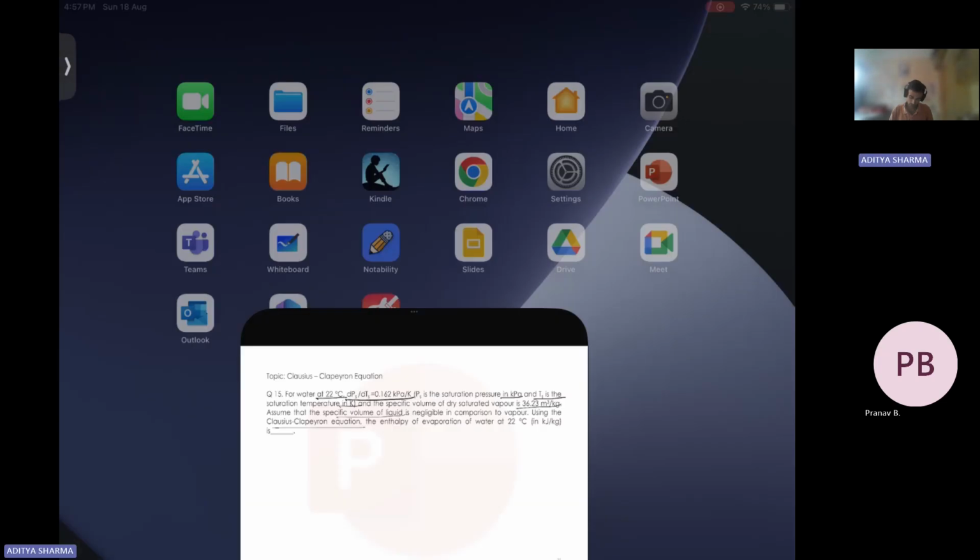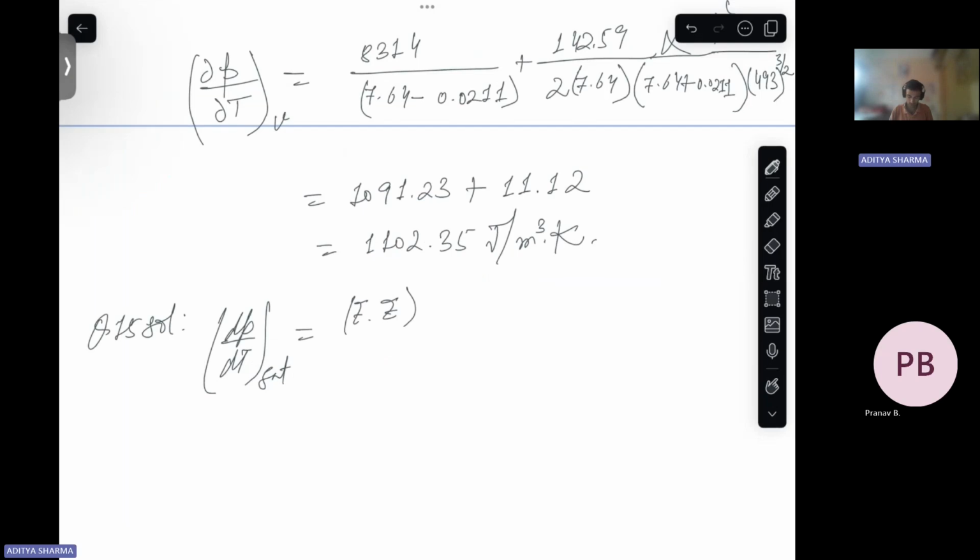So let's say enthalpy of evaporation as EE.